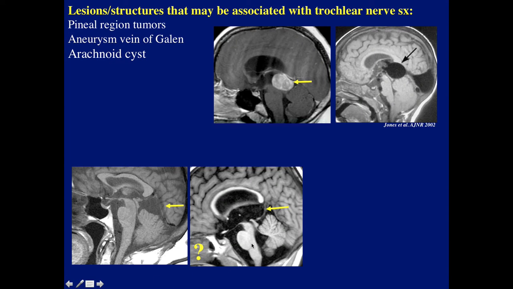Okay, what am I showing in this case? What is the arrow pointing to?